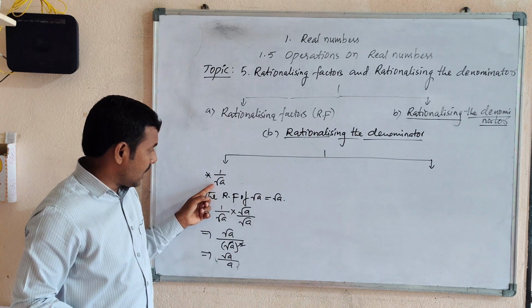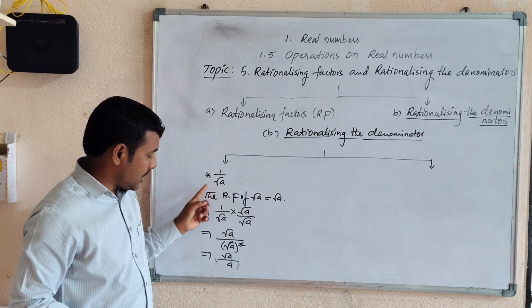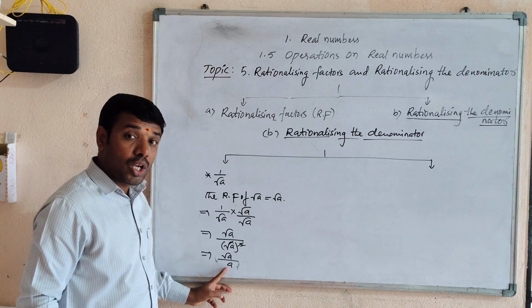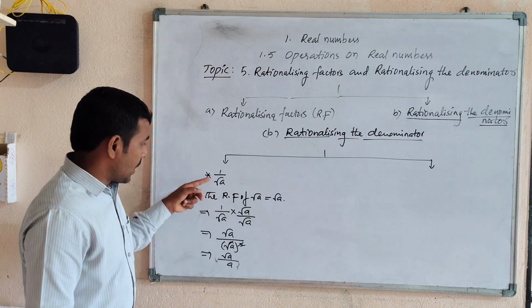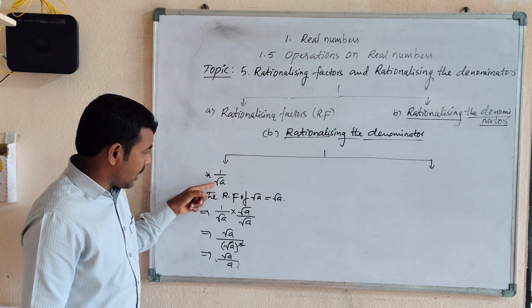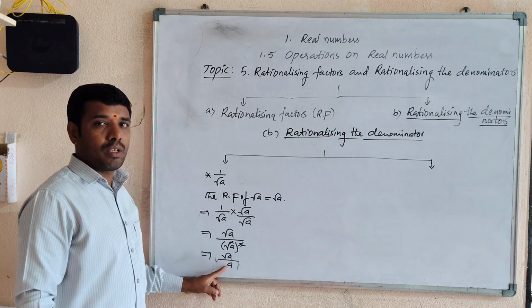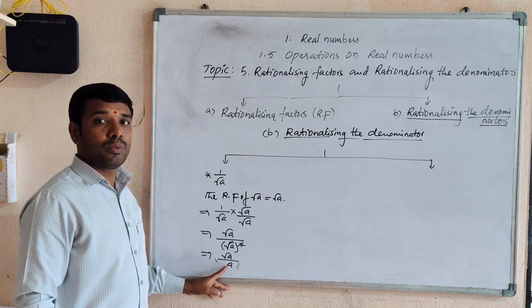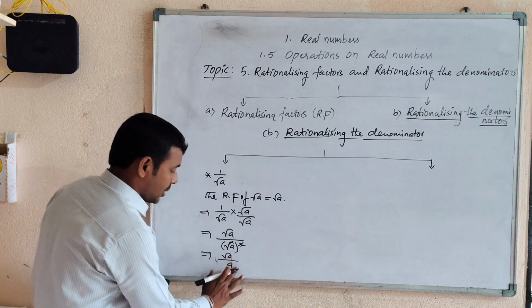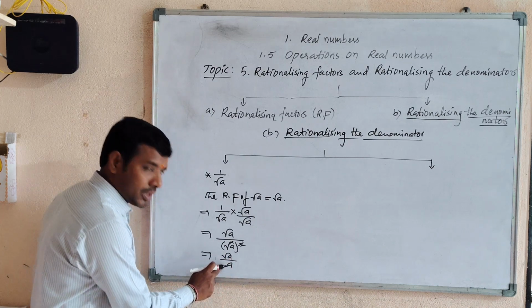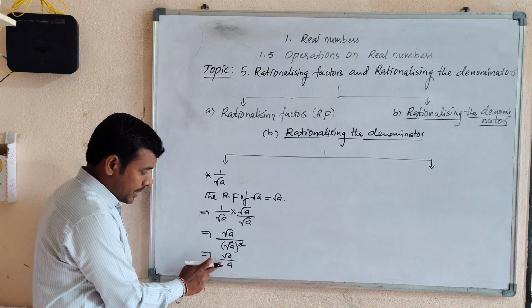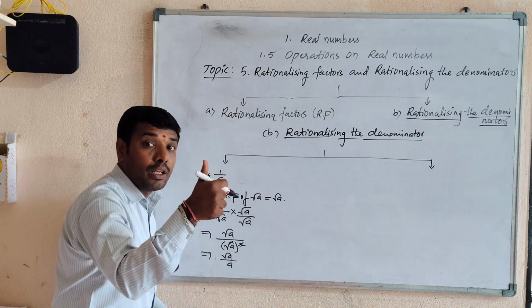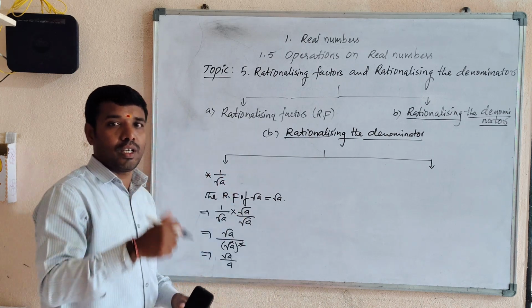The irrational number which was in the denominator is converted to rational. This is a good achievement. Now there is a chance to find its value. At the same time, we can represent this on the number line. Good, excellent.